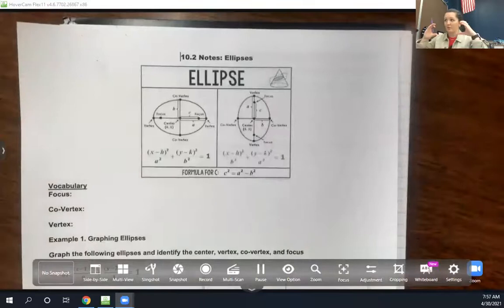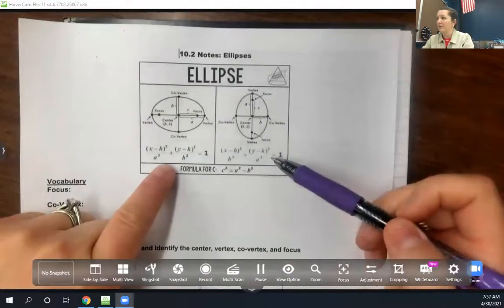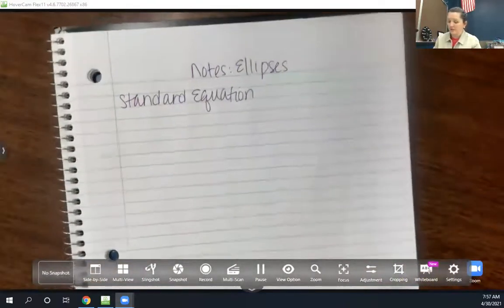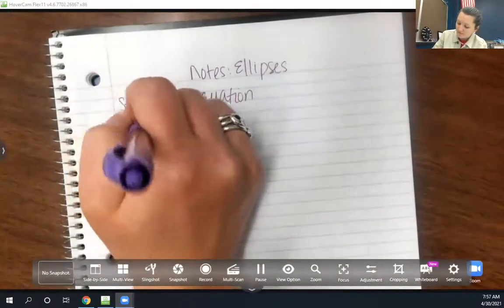One is where your major axis is horizontal, and one where your major axis is vertical. So let's take a look at the difference between these two equations.